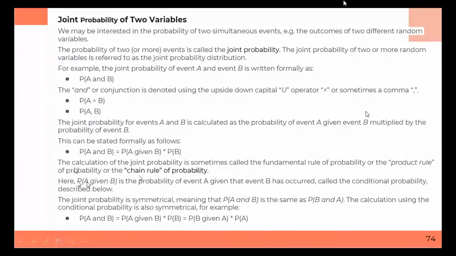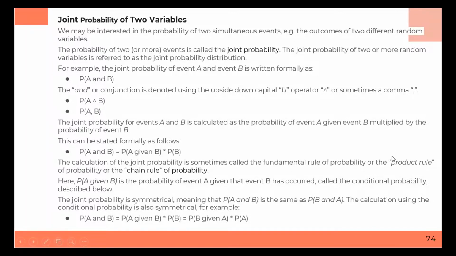Here P of A given B, that we added in the formula, is the probability of event A given that B has already occurred, or B is becoming an evidence for A to conclude its probability. We don't know A, but B is supporting A to prove its probability. Clear?